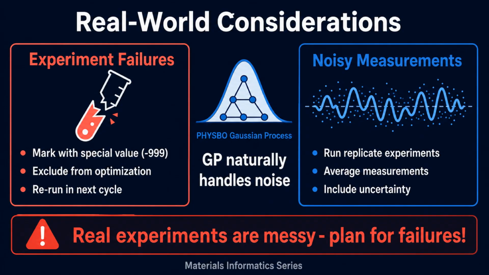You can improve results further by running replicate experiments, averaging measurements, and tracking measurement uncertainty. The key message is to plan for failures and noise from the start. Build your robot interface to handle exceptions gracefully, and don't expect perfect data from real equipment.